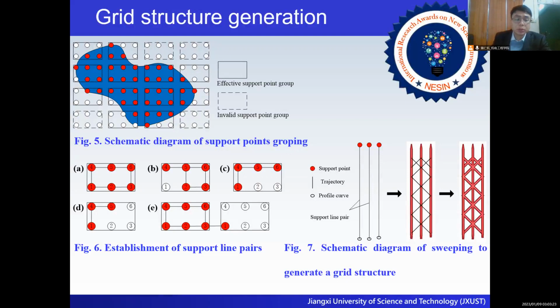Fig 6 shows the process of the establishment of support point pairs, and Fig 7 shows the schematic diagram of sweeping to generate a grid structure.